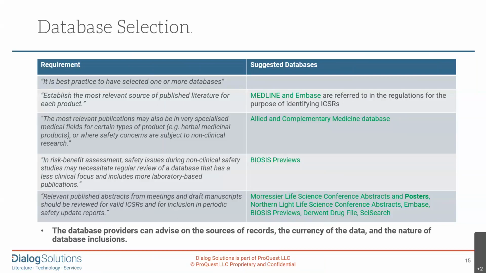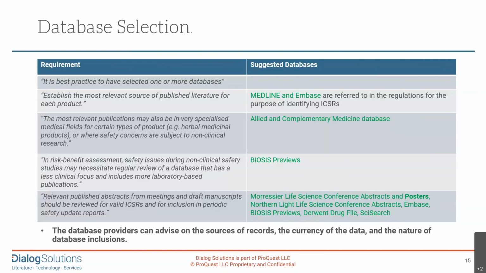Further down in the regulations, they also suggest very sensibly that if you're looking at risk-benefit analyses, then safety issues during non-clinical studies are important. And so you ought to consider a database that focuses less clinically and more on laboratory-based publications.